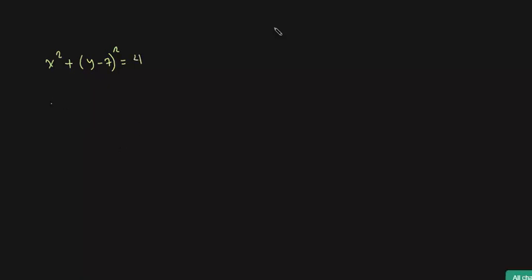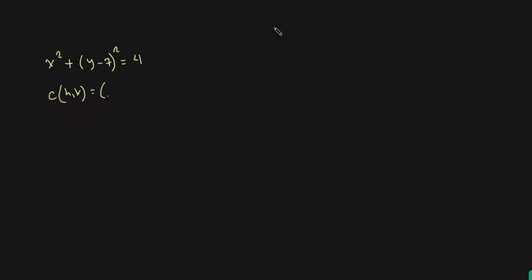First, let's find the center. We have h and k. h will always be the partner of x, but what we can see here in the standard form is that x does not have its own partner.